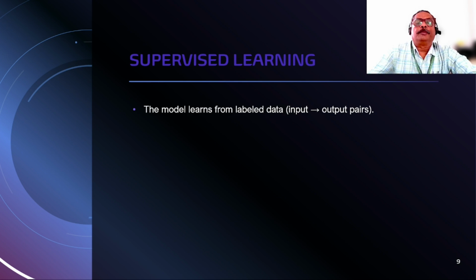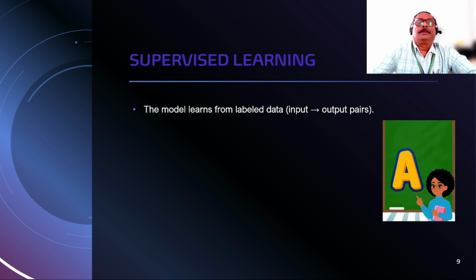These input-output pairs are given to the machine, and the machine is asked to create a link between input and output, to understand the correlation between them, and once the correlation is identified, a model is ready, and this model can be used to predict what output we can get for any given input.